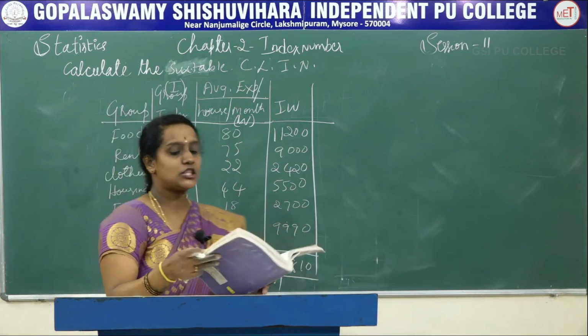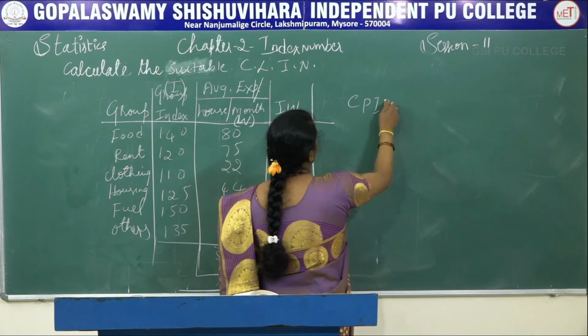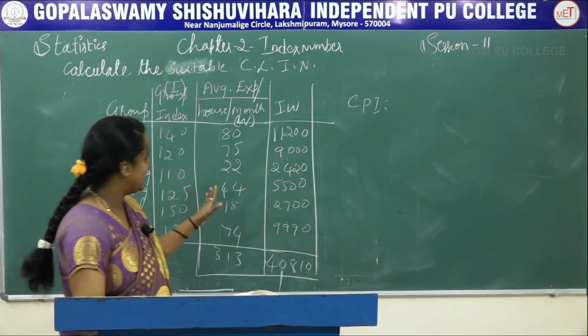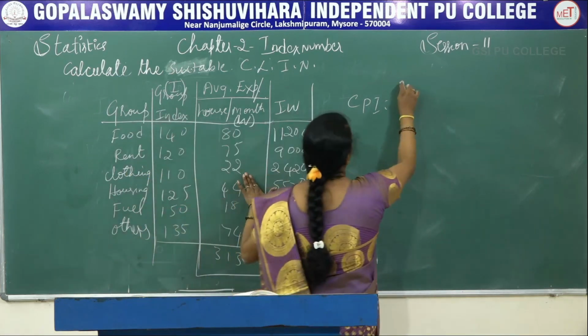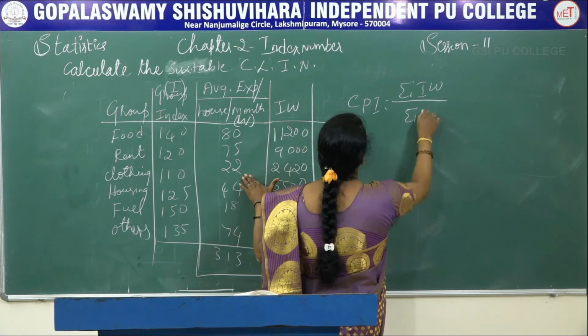To find the cost of living index number or consumer price index number, if they have given the index with the expenditure, the formula is summation of IW divided by summation of W.